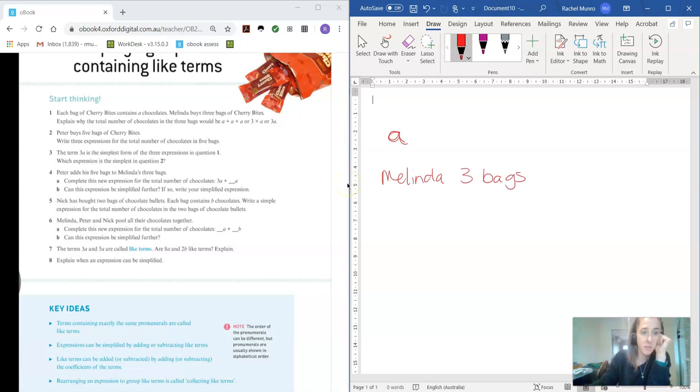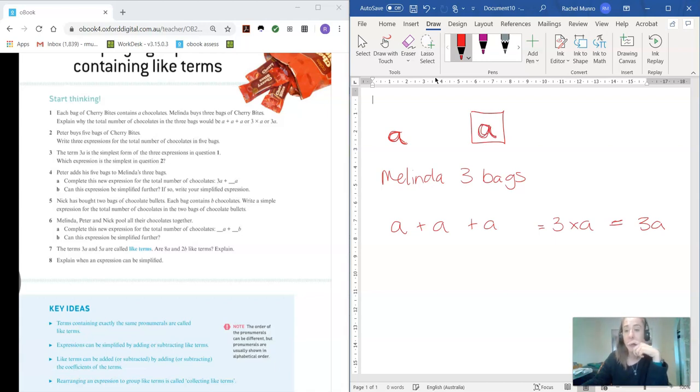Explain why the total number of chocolates in the 3 bags would be A plus A plus A, or 3 times A, or 3A. If I buy a bag of these cherry bites, I don't know how many chocolates are in there, but I know there is a number of them, A being however many there are.